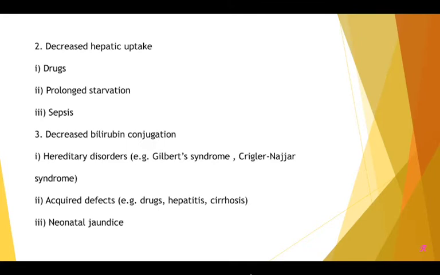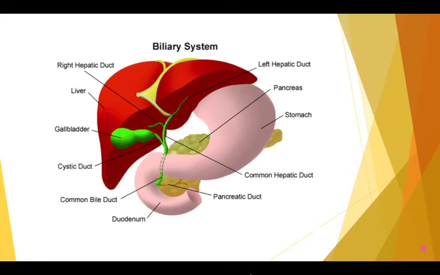Okay. So, we are done with the unconjugated hyperbilirubinemia. Next, we are moving on to conjugated hyperbilirubinemia. Before that, I want to show you the biliary system, how the bile is getting excreted or reaching the intestine. We can see in the liver, there are small hepatic ducts, which is not actually seen here.